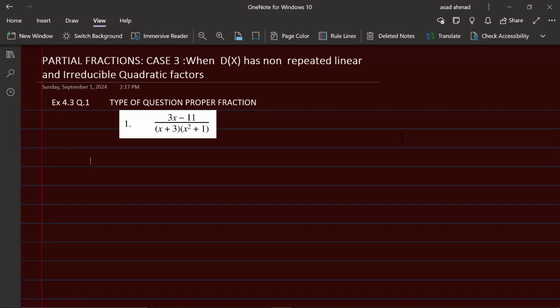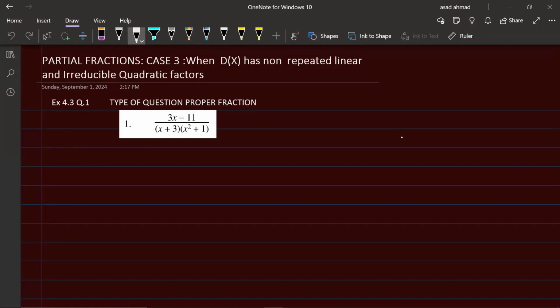We will start the fractions by writing, starting from the very first line, a over x plus 3 plus the quadratic part of the denominator.